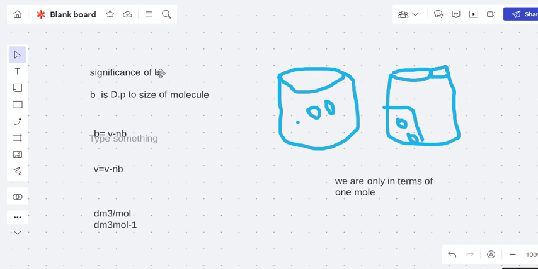B is basically the excluded volume, or the co-volume constant.